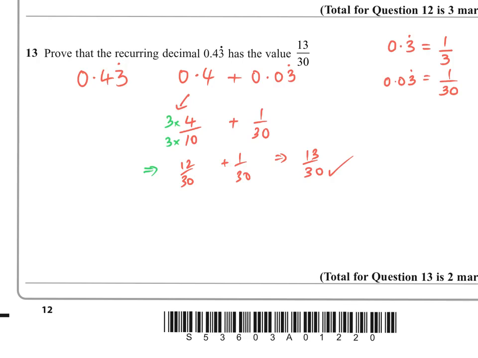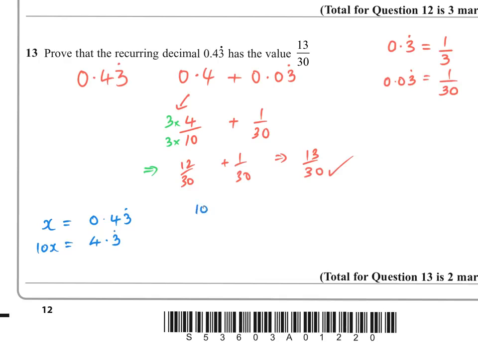An alternative method would be if you let x equal 0.43 recurring, then 10x would be 4.3 recurring.